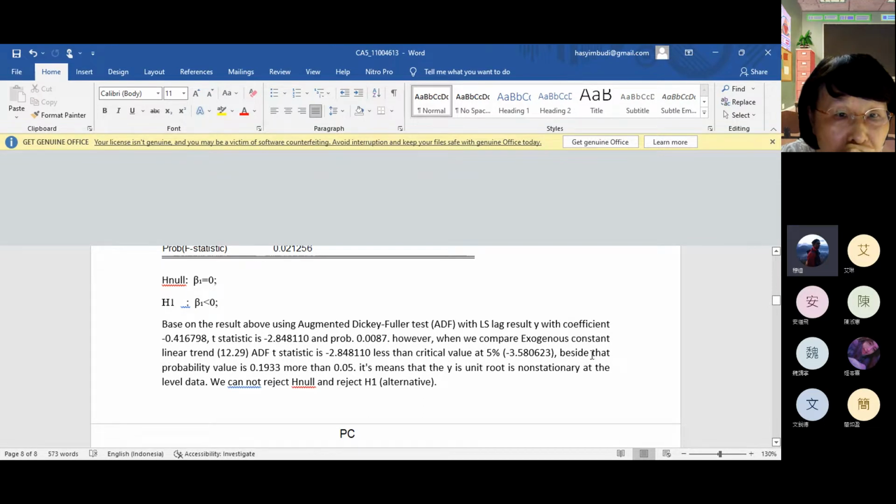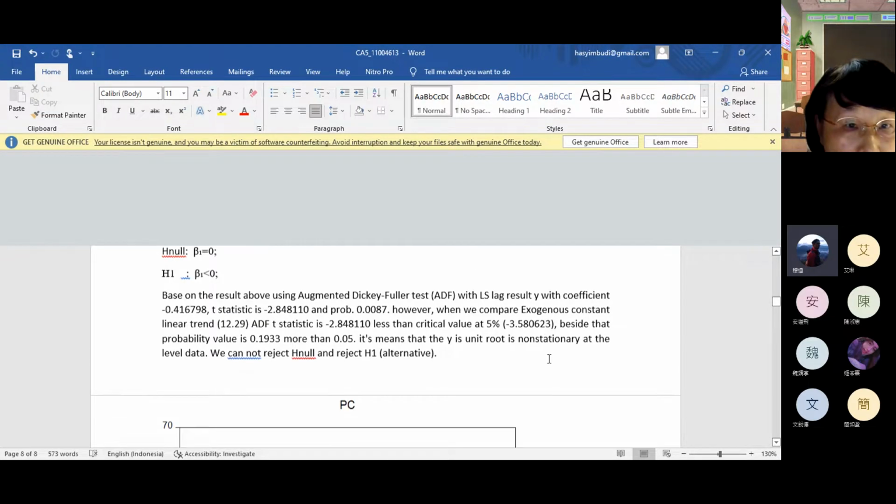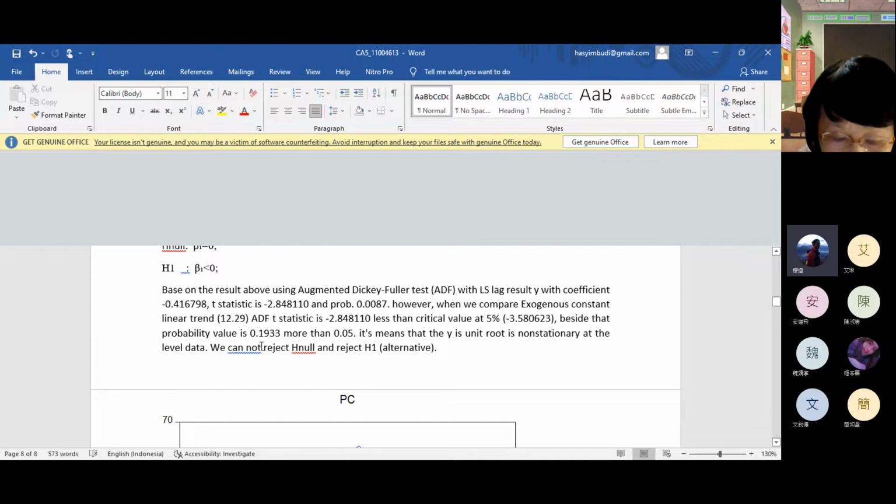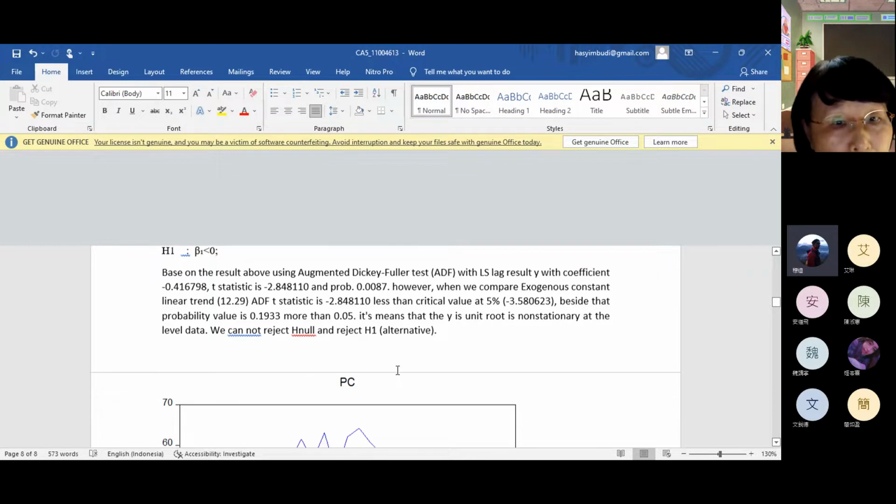However, when we compare with exogenous constant and linear trend, the ADF t-statistic is minus 2.848110, less than the critical value at 5%. Besides that, the probability value is 0.1933, more than 5%. It means that Y has a unit root and is non-stationary at the level data. We cannot reject the null and cannot reject its alternative.